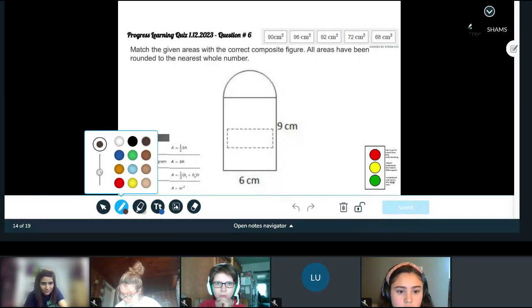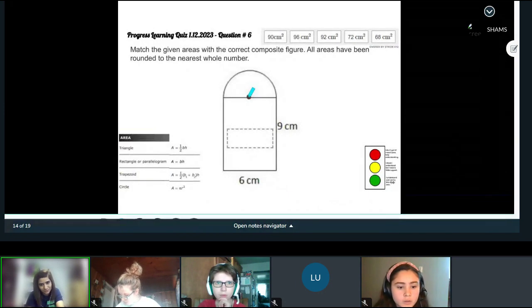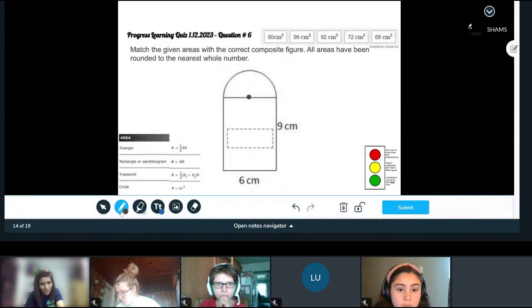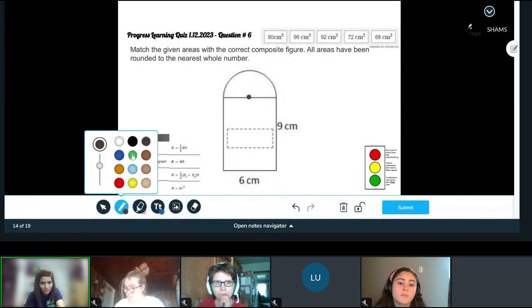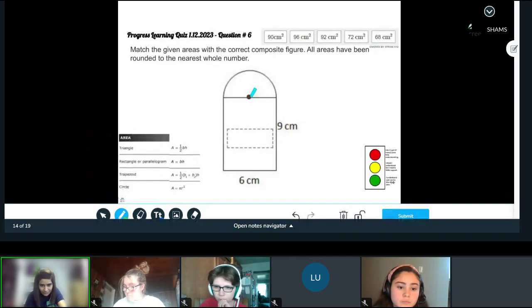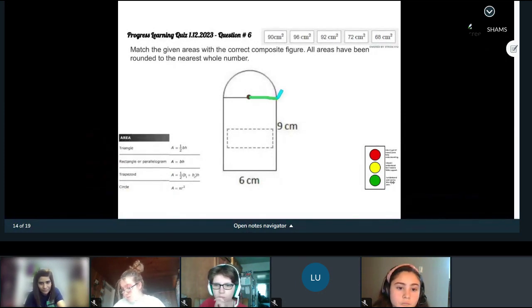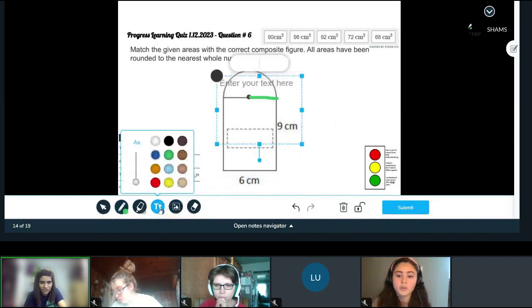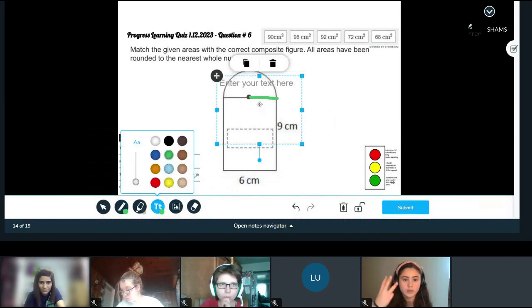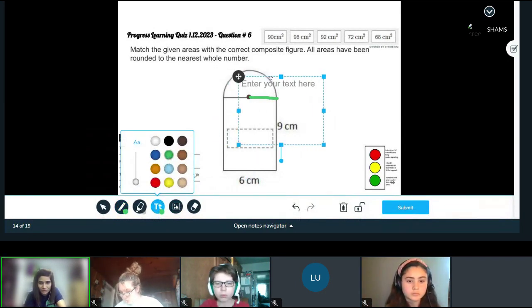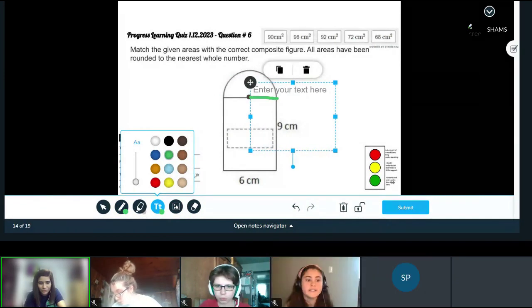And this is the center of the half circle. And therefore, this side is the radius. Can you guys tell me how much the radius should be? This is supposed to be the radius of the half circle, and that's supposed to be 3.